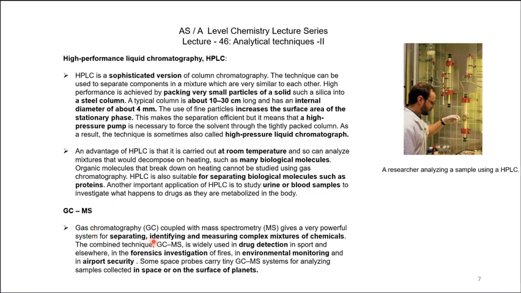Now we are using the gas chromatograph coupled with mass spectrometry, which is a very powerful technique for separating, identifying, and measuring complex mixtures of chemicals, widely used in drug detection, forensic investigation, environmental monitoring, and even in airport security. Even in space, they take a tiny GCMS for analyzing samples collected in space or on the surface of planets.